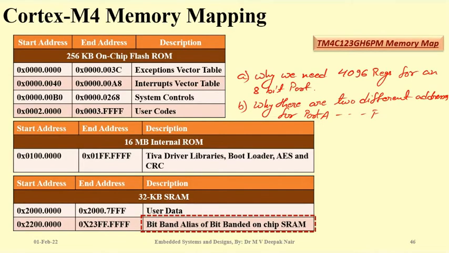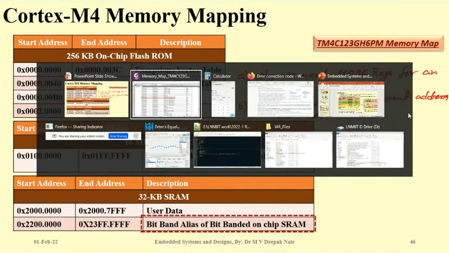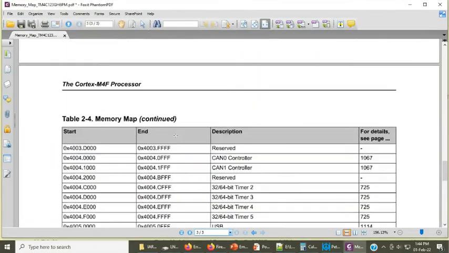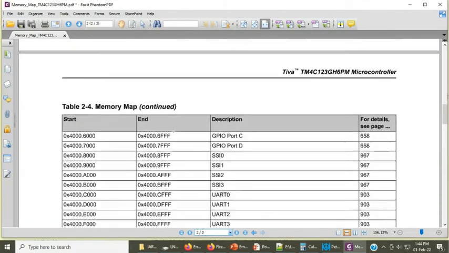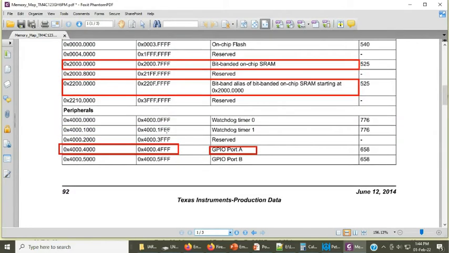So we will be investigating these parts. Keep this in mind. This is what we are doing from the data sheet. When we opened the data sheet, we found in page number 92 that the memory map talks about different sections of memory in the microcontroller. You noticed that port A is starting at 4000 and ending at 4004FFF.